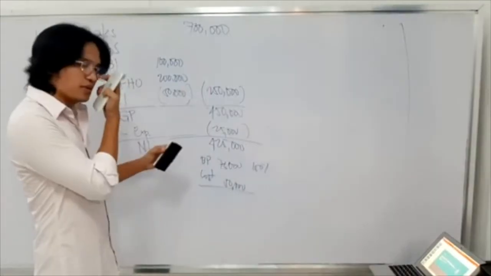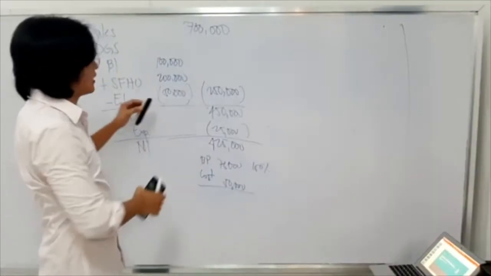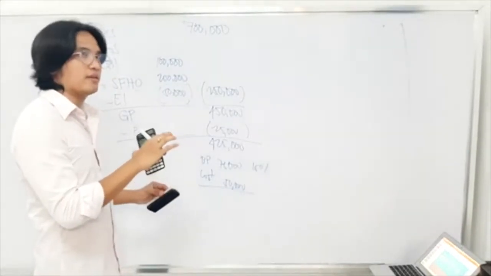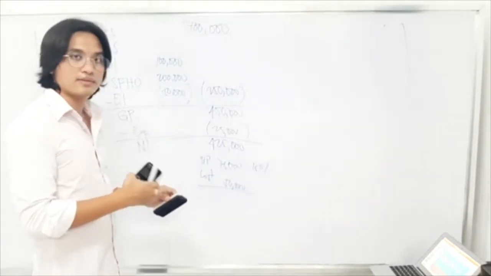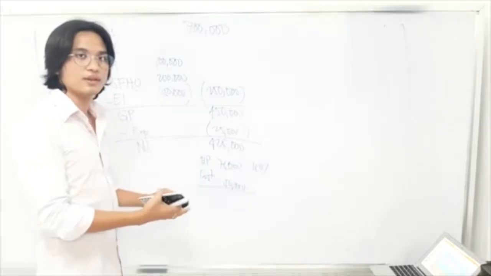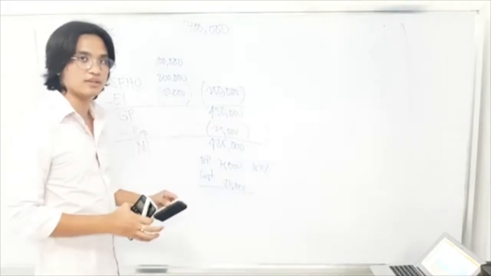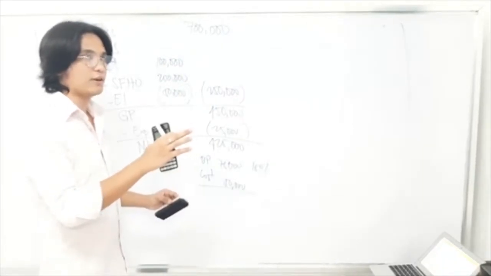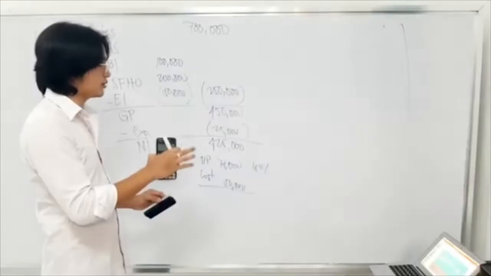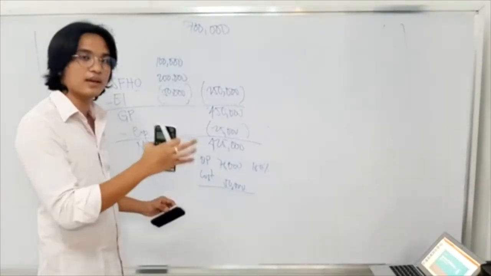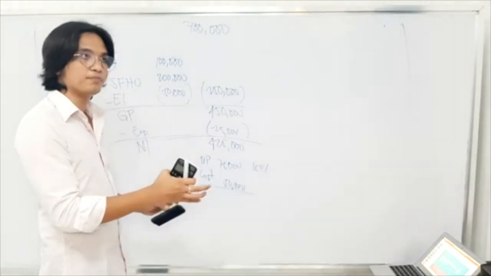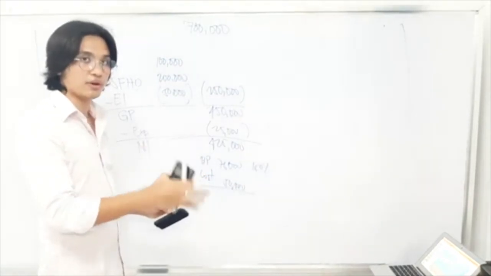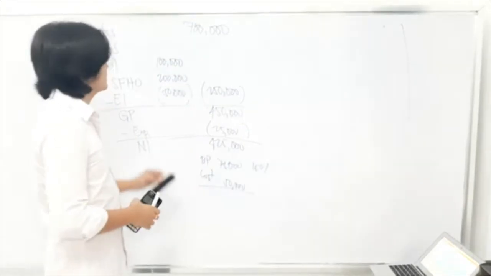Okay, so as for the third method, this method is only applicable in scenario number 1, wherein the branch only gets its inventory from the home office and the branch doesn't have any purchases. And of course, the branch only gets its inventory from the home office, and there's common or uniform percentage markup among all shipments.